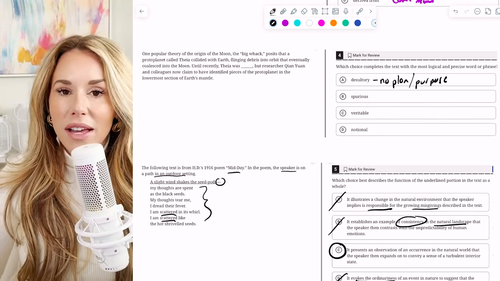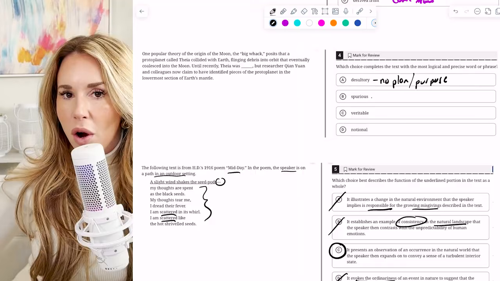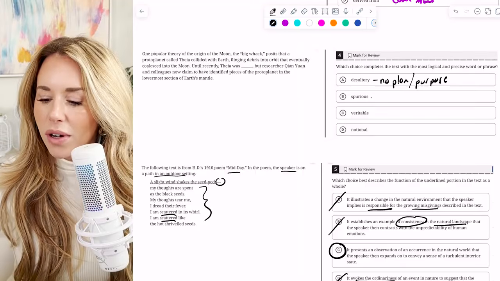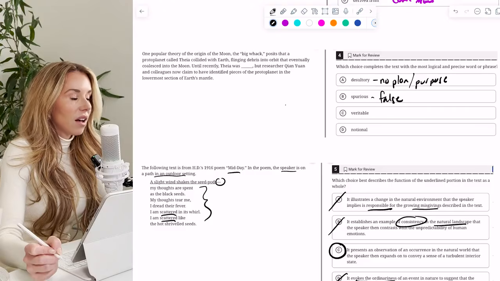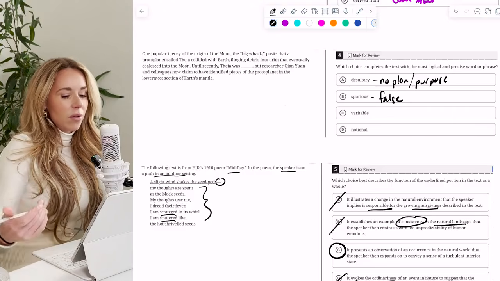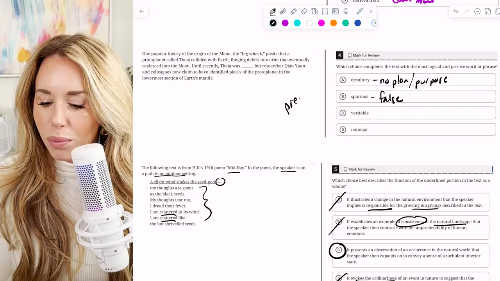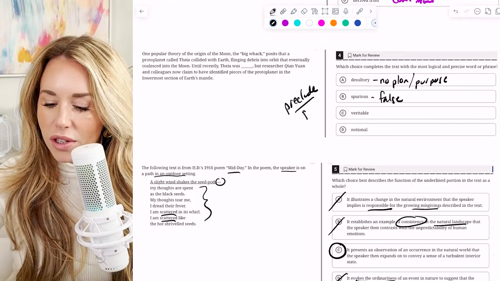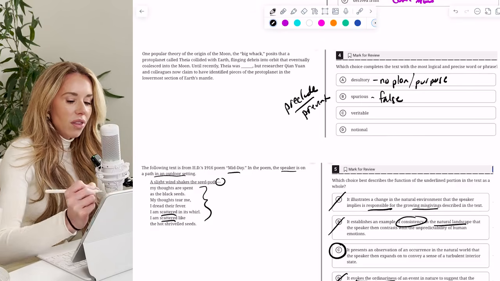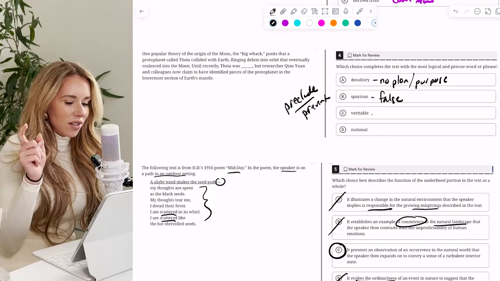Spurious is not what you think, because you think spur, like spur of the moment, like it's quick, but spurious in this case means false. I noticed the SAT likes to do that a lot, where they'll give you a word that sounds like something. For instance, they've given preclude before, which sounds like it comes before, but it really means to prevent. So that's like one of those fake words, spurious.